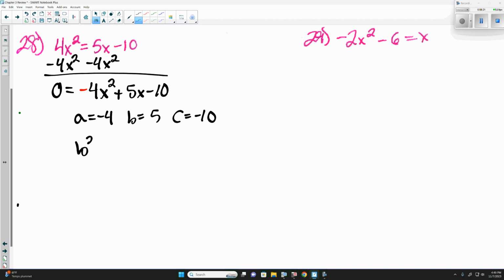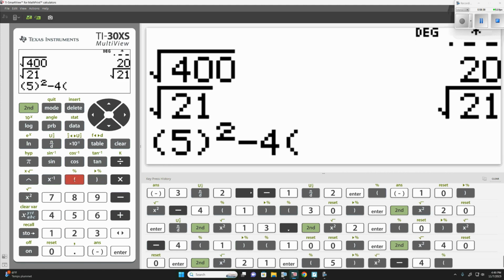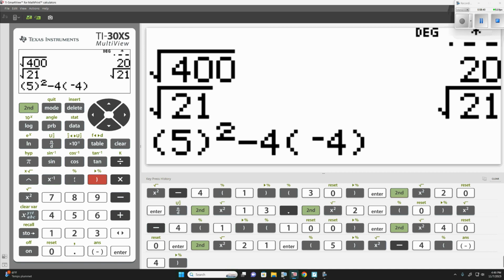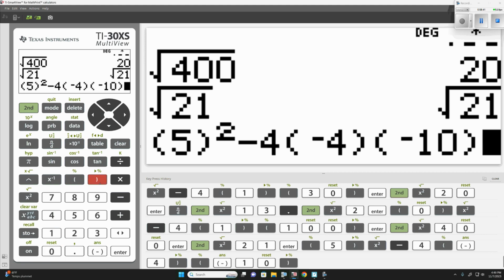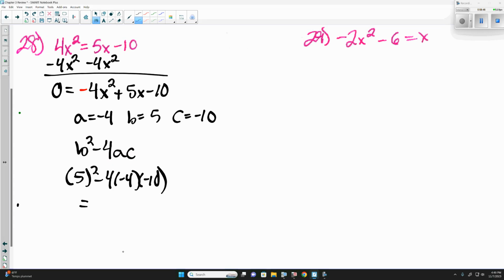So we want to find the value of the discriminant, b squared minus 4ac. So for us here, it'd be 5 squared minus 4 times negative 4 times negative 10. At this point here, we can plug it into a calculator. 5 squared minus 4 times negative 4 times negative 10 is negative 135.